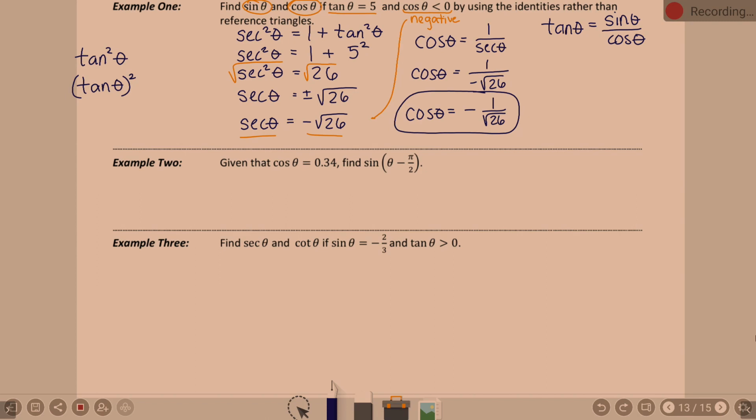Tangent is what? 5. Sine of theta is what I'm trying to find. Cosine of theta is -1 over the square root of 26.